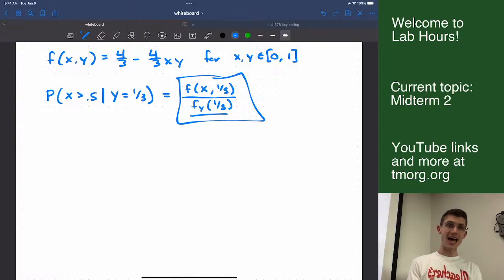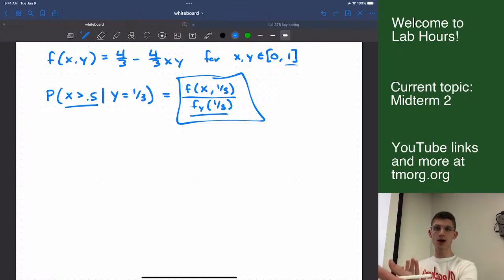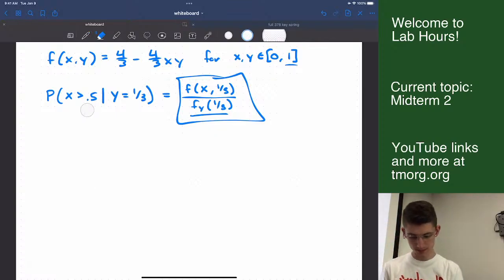And then when I have that, I can just integrate from 1/2 to the upper bound of x, and that will give me the total probability under the new x curve I've built, which is the probability of all of the individual possible values of x from 1/2 to 1. So let's do that really quick. All right, we're going to do some fun math here.